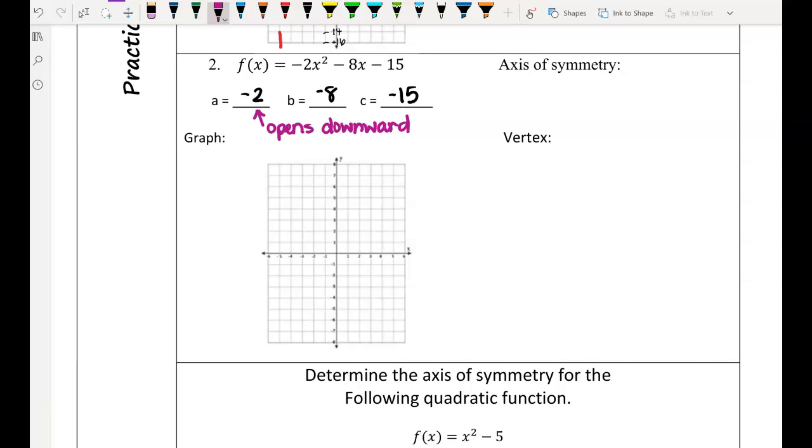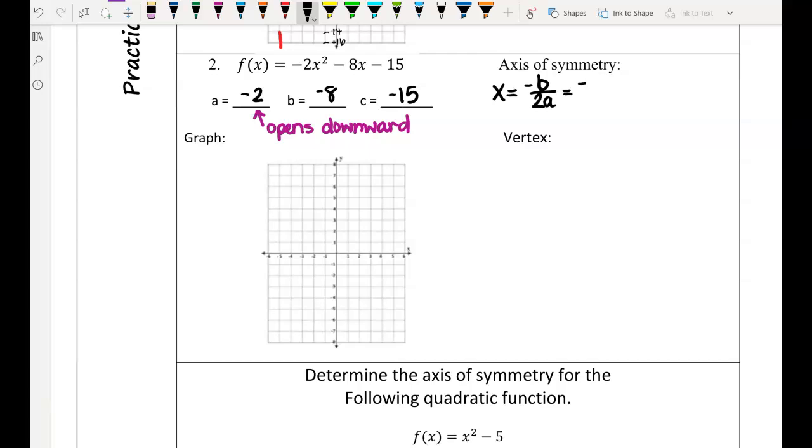Now we have to find our axis of symmetry. Where is this parabola being divided in half? So again, x equals negative b divided by 2a. You have to be cautious here because b is a negative value.